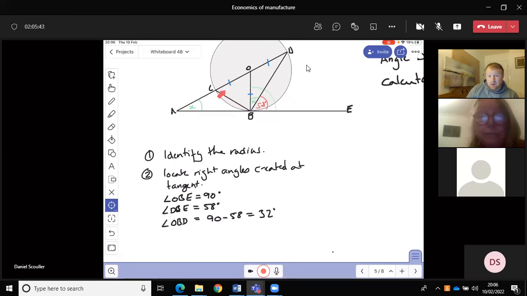I also know that this angle CBD is going to be 90 degrees because it's a triangle inside a semicircle. So that CD is a diameter. The two lines that come away from that and meet at a single point, DB and CB, are going to meet and create a 90-degree angle.